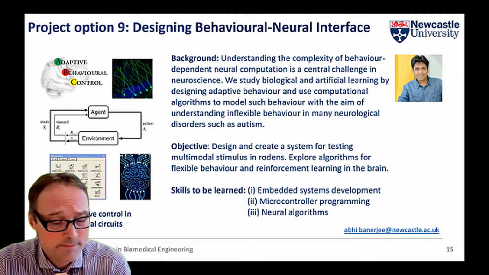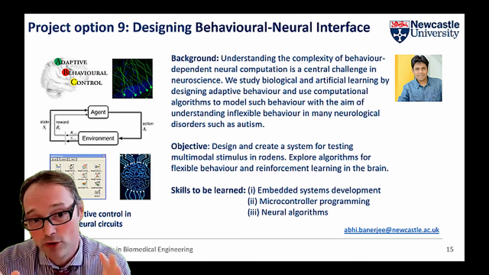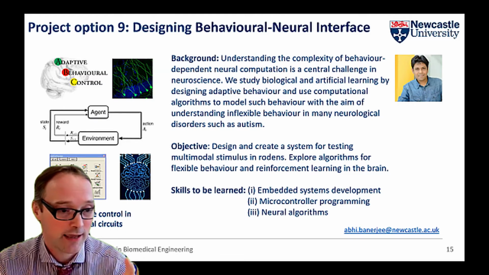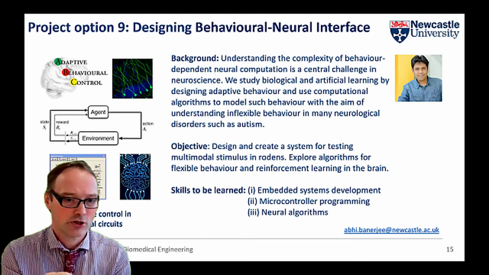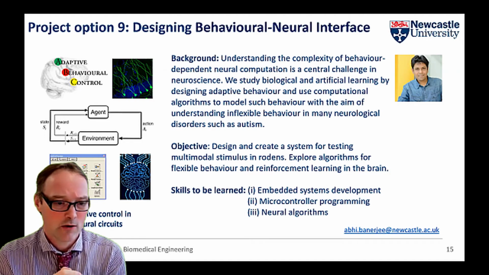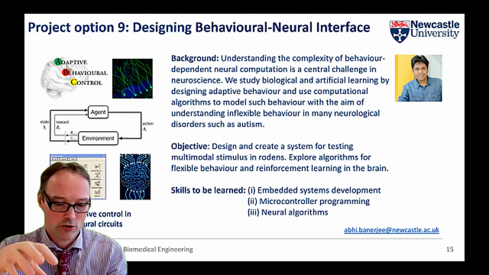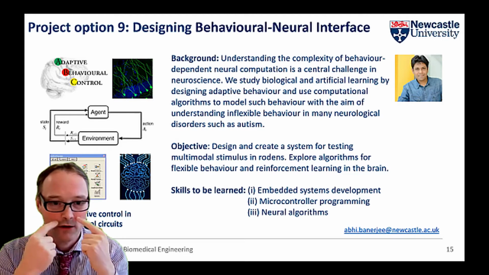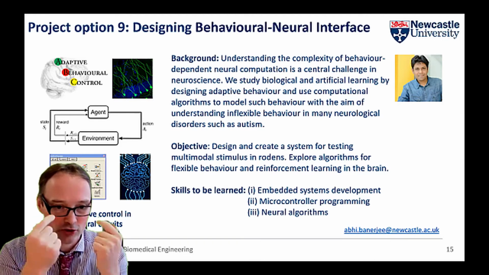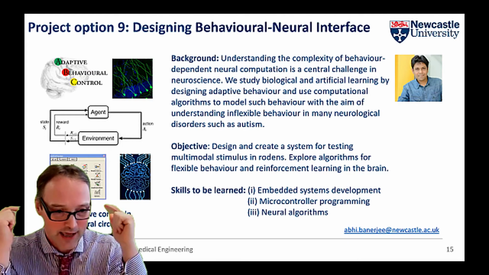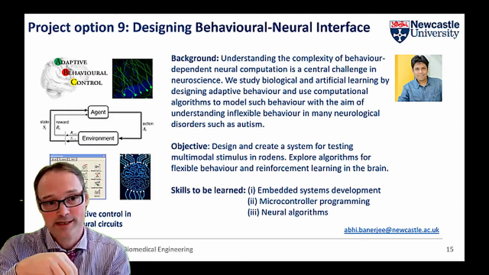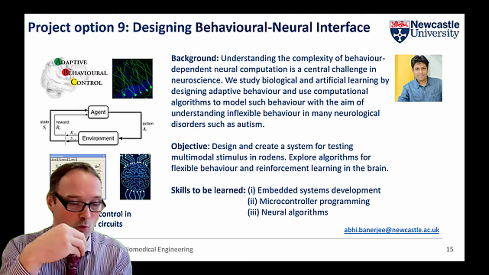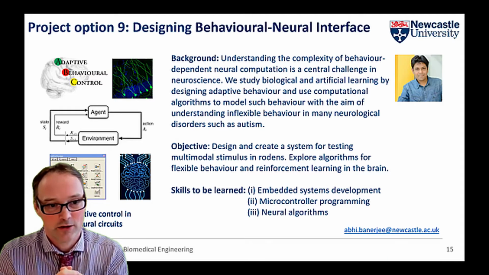Project number 9 is by Abhishek Banerjee, and Abhishek is a neuroscientist, but he's very interested in developing control methods to do experiments on rats where you have systems which can wiggle the rat's whiskers, shine lights into their eyes, stimulate their auditory system, and then he has probes to sense what is happening in their brains.